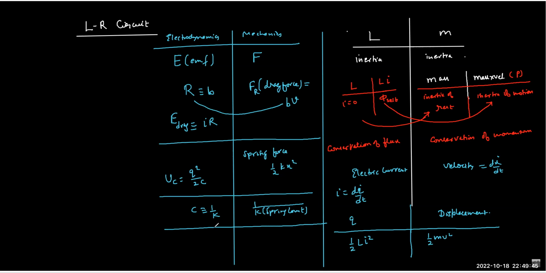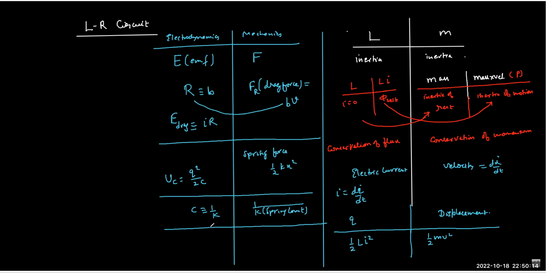So C represents the ease of storing. Bigger C means more charge can be stored, but bigger K is not the same. Bigger K means difficult to deform. If K will grow, then it is more difficult to deform, right? So it's an inverse relation, right? So here we have inverse relation.